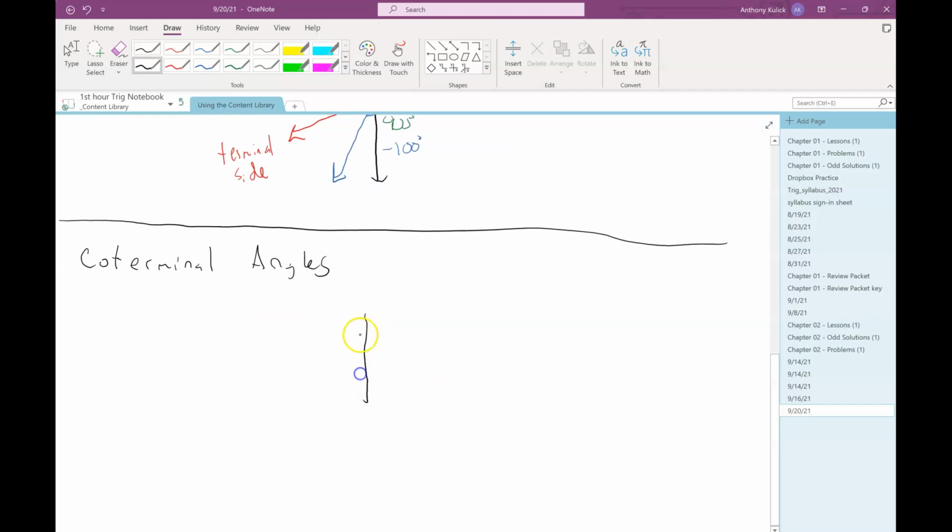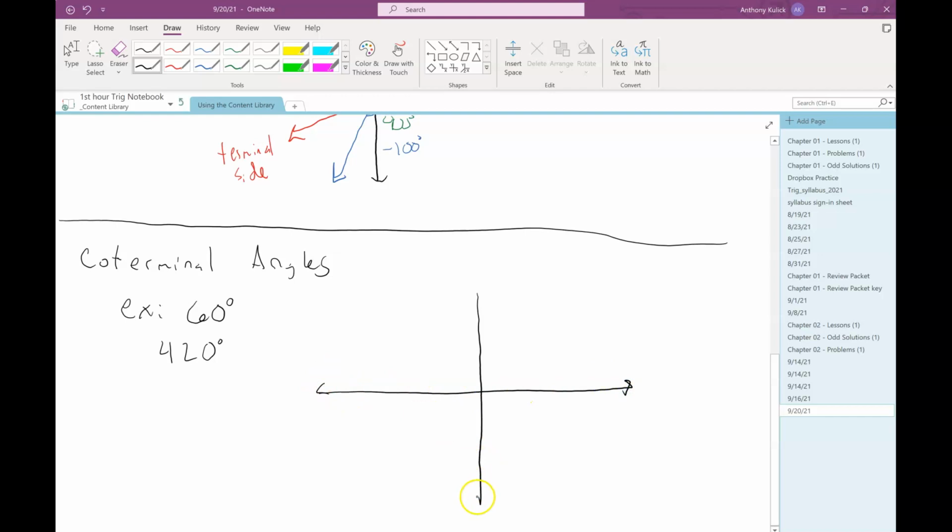So let's say we have, for example, the angles 60 degrees and then 420 degrees. So we'll draw the 60-degree angle here.